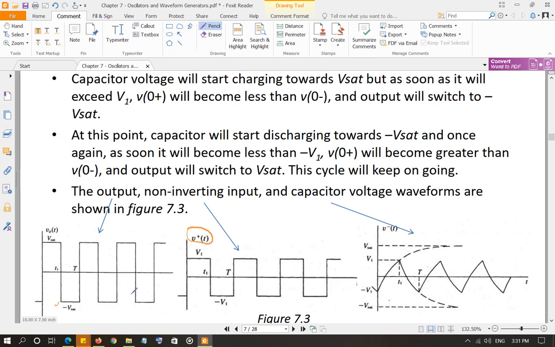And as soon as the output goes to negative Vsat, V positive T goes to negative V1.